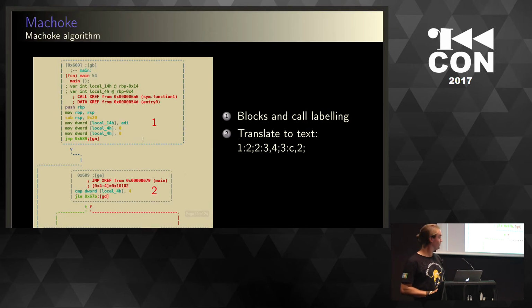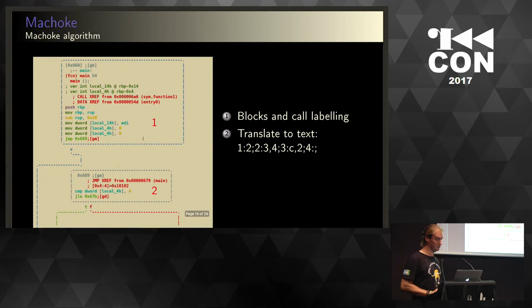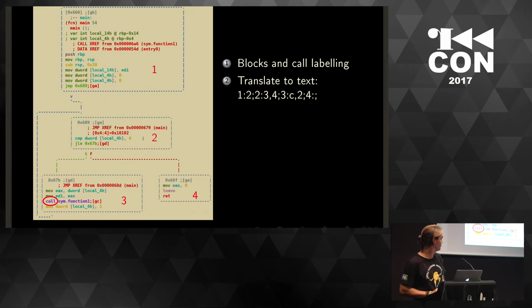The next block, 3, is either doing a call or jumping to 2, so we translate it that way. And the same for the fourth block, which is only returning, so it's not jumping nor calling anything.